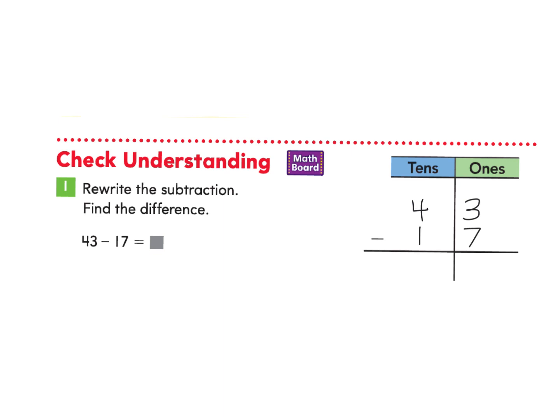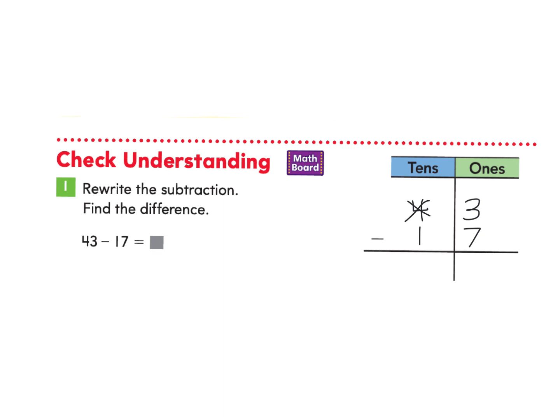Now, first thing we do is look at the ones column. 3 take away 7. We're not able to take 7 from 3, so we're going to need to regroup. We go over to our tens column and we find that there are 4 tens, so we're going to take one of those tens away.